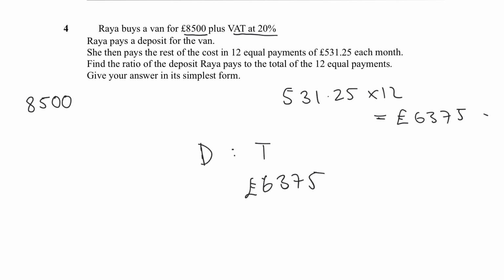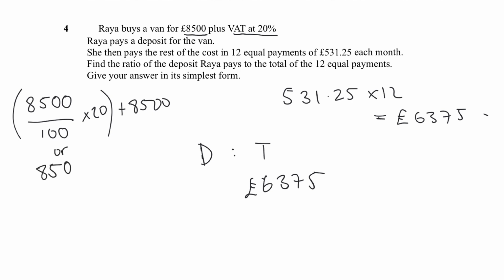You could literally do 8,500 divided by 100 times 20 and add that on to the 8,500, or you could just do 8,500 times 1.2, because that's also the same way of working that out. If you did 8,500 times 1.2, you'd be left with an answer of 10,200. So now we know that 10,200 is the actual total.